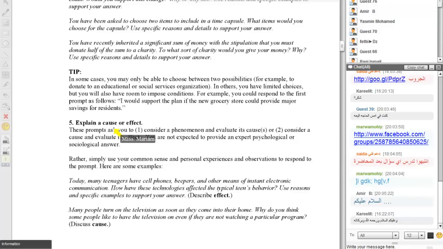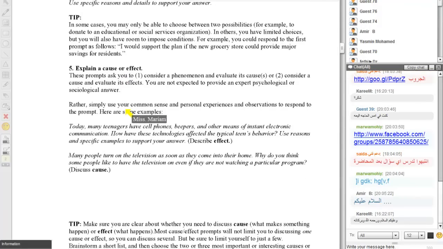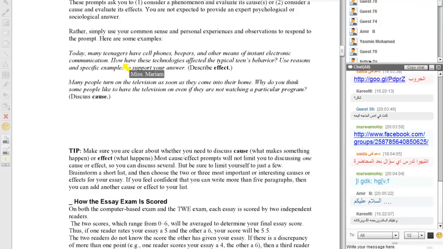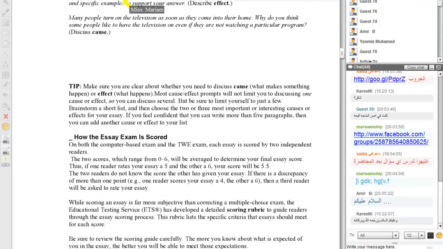What causes the First World War, for example, or what the effect of the First World War was. Okay, so in this kind of essay you explain the cause of an event or the effect of it, or both of them.